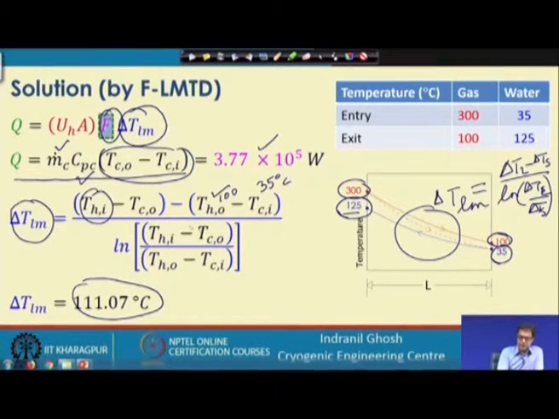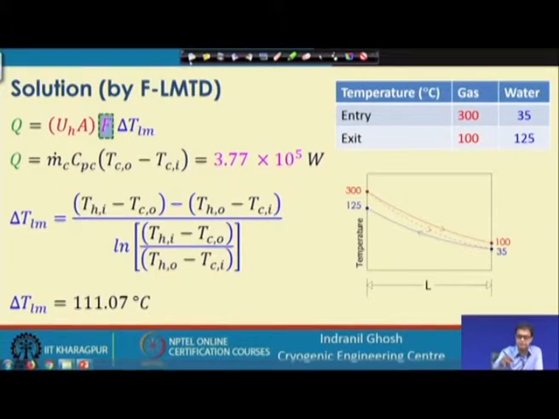So the hot inlet is 300 and the cold exit is 125. If we put these values in, we will find delta T log mean as 111.07 degree centigrade.